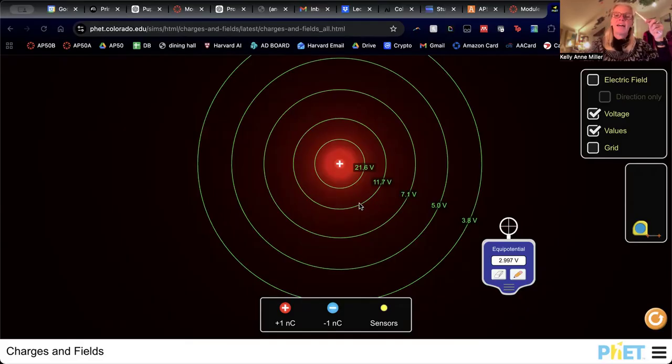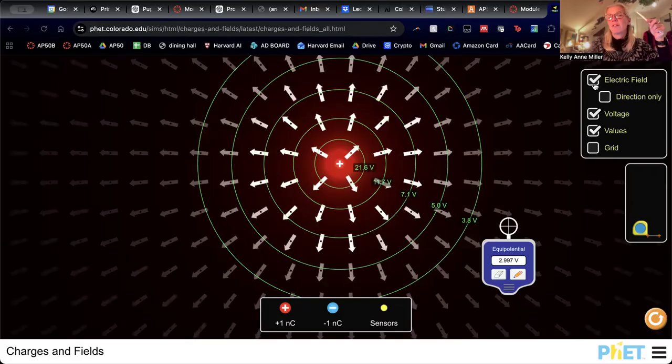Let's say I had a positive charge and I put it at this 11.7 volt line. Let me put the electric field lines on there. So let's say I have a little positive charge and I put it here at 11.7 volts, which is a lower potential, and I push it towards this positive charge. The electric field would be doing negative work on that charge, right?